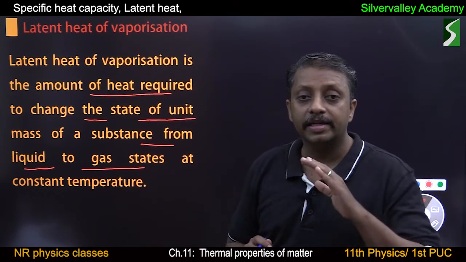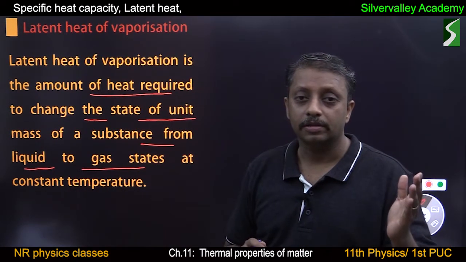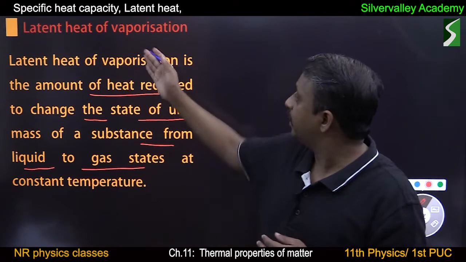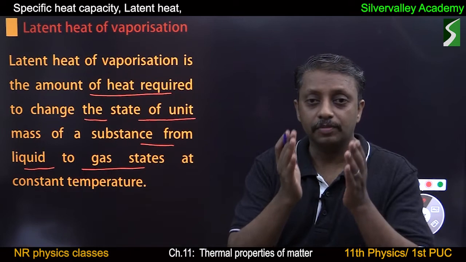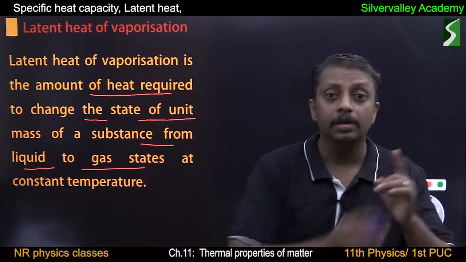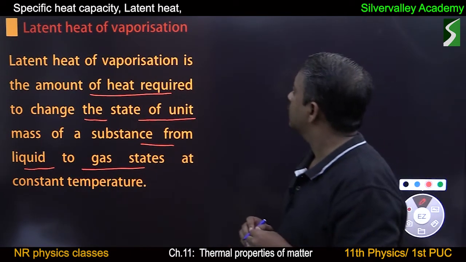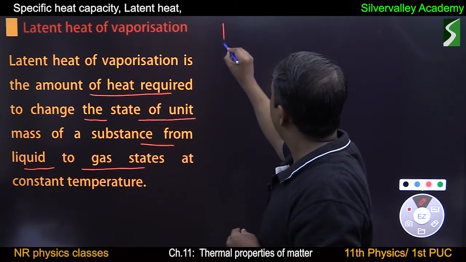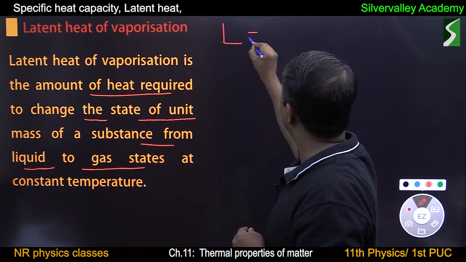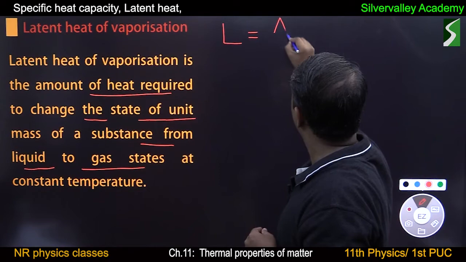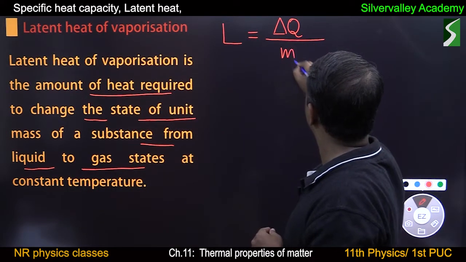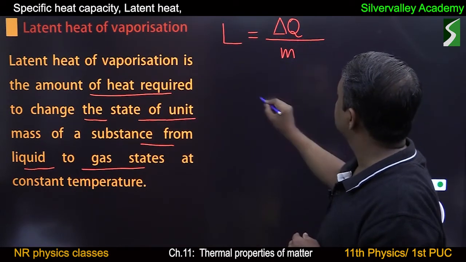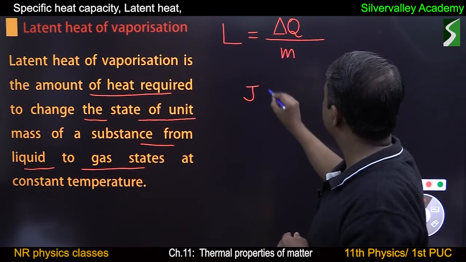Earlier, latent heat of fusion, solid to liquid. Now latent heat of vaporization, heat required to take the substance from liquid to vapor, that too unit mass. So we can write latent heat of a substance equal to delta Q by mass. Delta Q is joule, mass is kg.